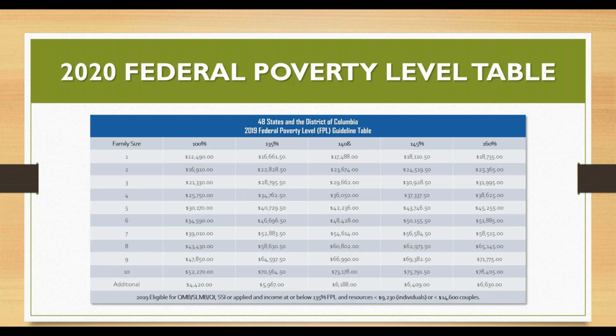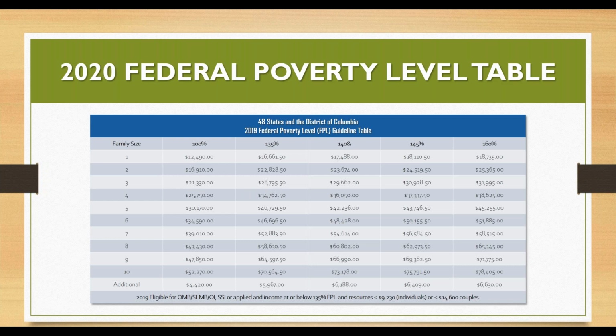So this is the chart, and we all probably have seen this before, but this is the one for 2020, the federal poverty level. Now, all calculations are really based on this chart. As you can see, it's based on a combination of household size and income. Now, the income must be less than 135% of federal poverty level.